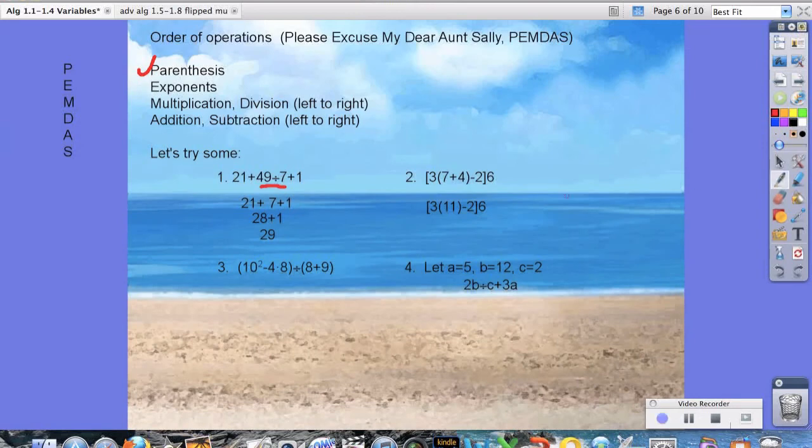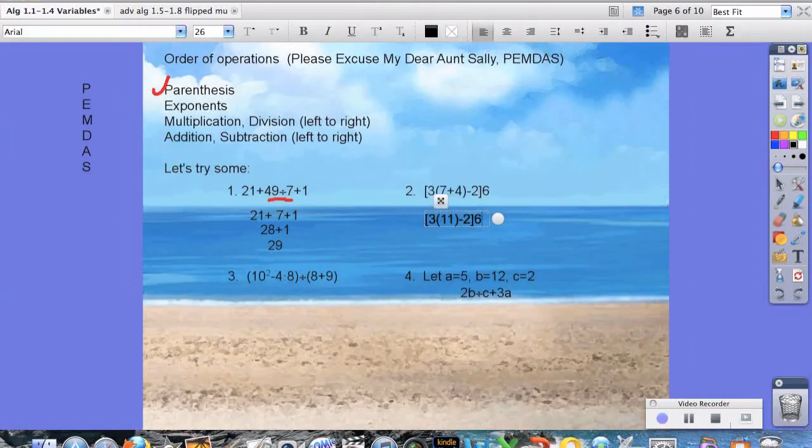So we still have parentheses, so we have to do that stuff on the inside as well. So 3 times 11 is 33 minus 2, and we still had our times 6. We still have our parentheses, so 33 minus 2 is 31 times 6.